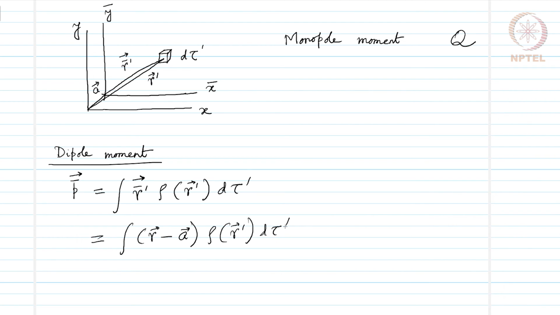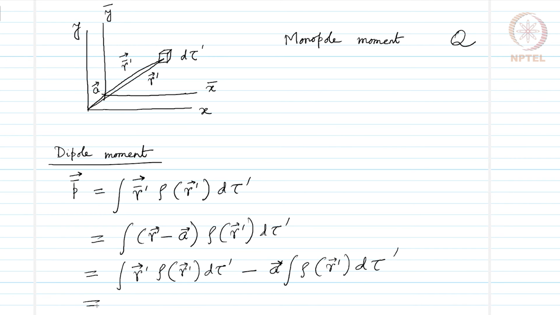which we can split into two integrals: the integral of r prime vector times rho of r prime d tau prime, minus a vector, which is actually a constant of this integration and comes out, times the integral of rho of r prime d tau prime.